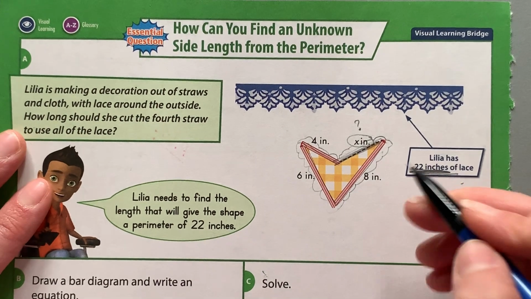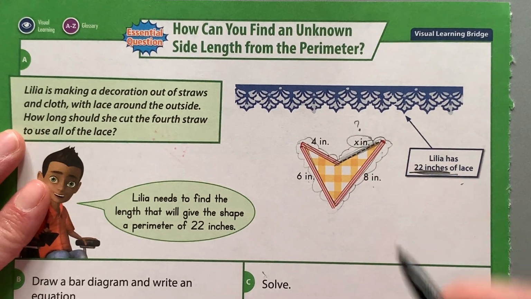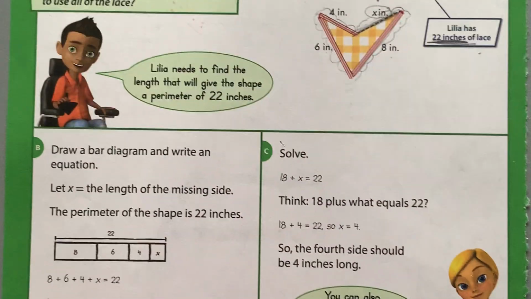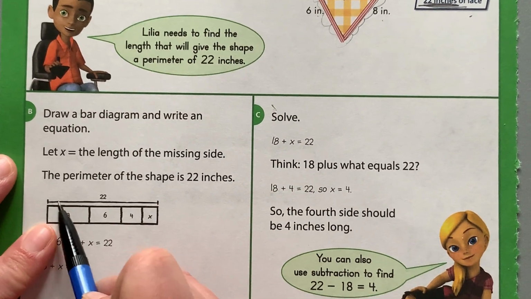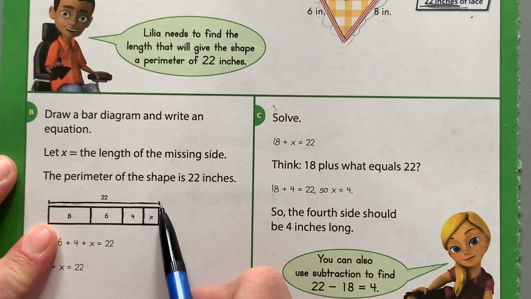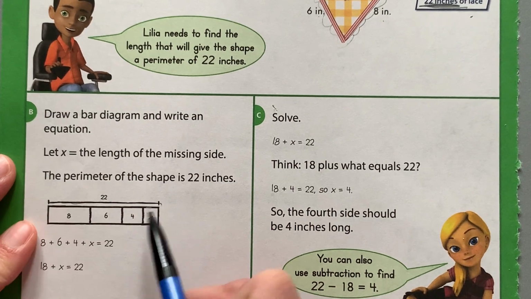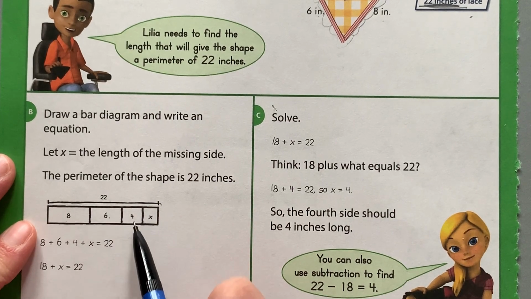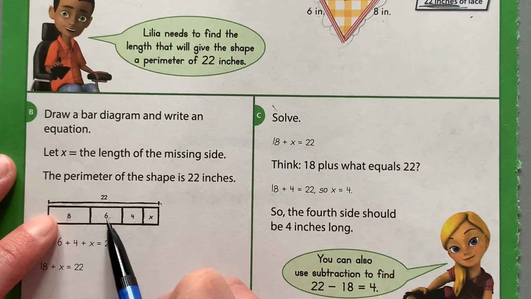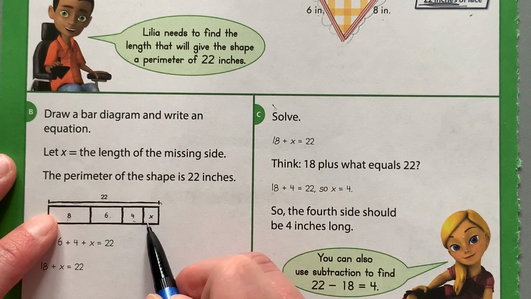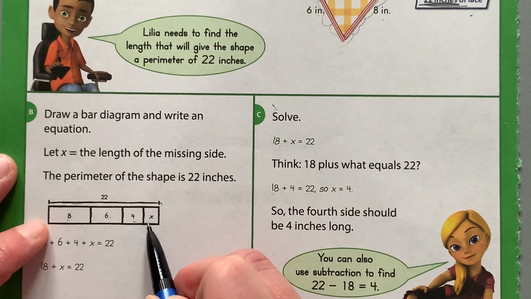So our first step will be to add together each of those side lengths, or you could do something like drawing a bar diagram. Our total amount of lace is 22 inches. And then we have the 3 sections we know. We know that there's a section of 8 inches, a section of 6, and a section of 4, but then we don't know what X equals.